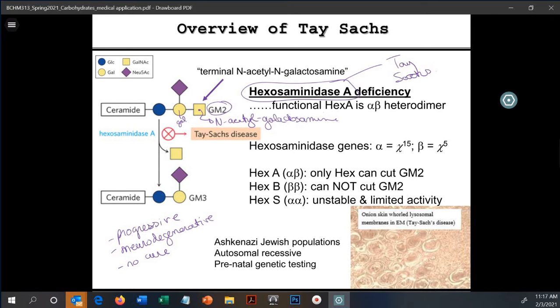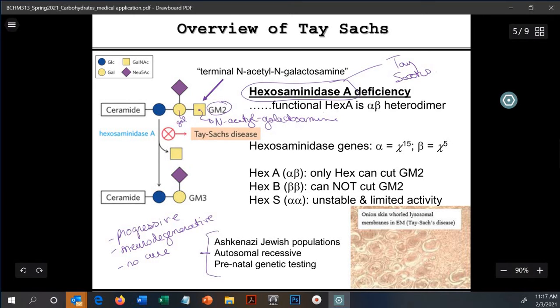It's a really horrible disorder, and again, there's no cure. There is a genetic component to this, and because of that, there are certain world populations where this disease is more prevalent, and it's more prevalent in Jewish populations of Ashkenazi descent.